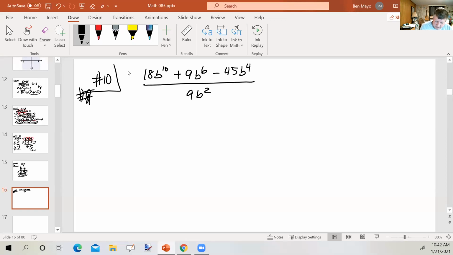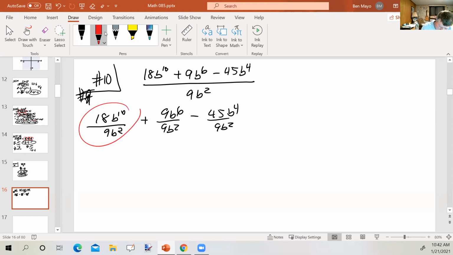So I'm going to take each term in the numerator and divide it by the denominator. Okay, so 18 over 9 reduces down to 2 over 1. B to the 10th over b squared is b to the 8th. So we get 2b to the 8th as our first term.